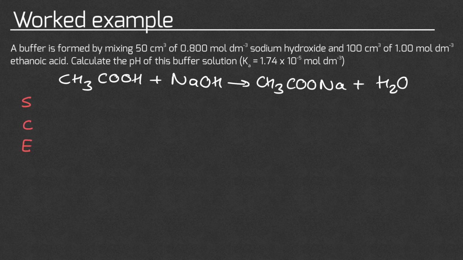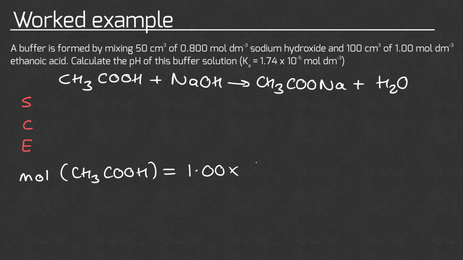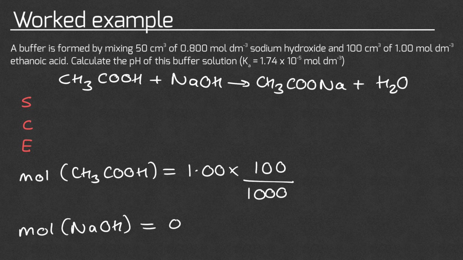Now the question doesn't give us the moles of these, instead it gives us the volume and concentration of the sodium hydroxide and of the ethanoic acid. So we're going to have to work out the moles of each using moles equals concentration times volume. So these are the two calculations we would need to do to calculate the moles of each of them.